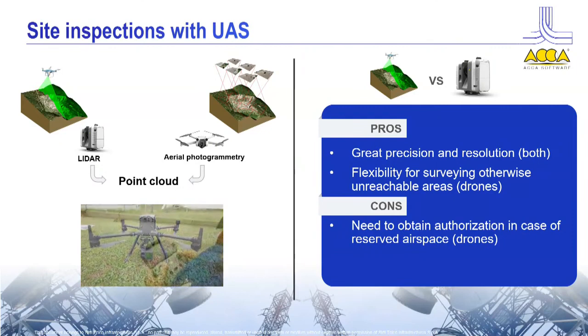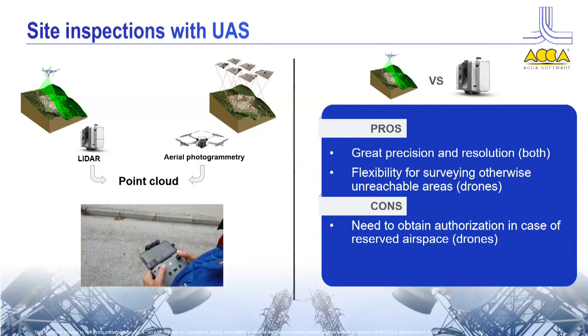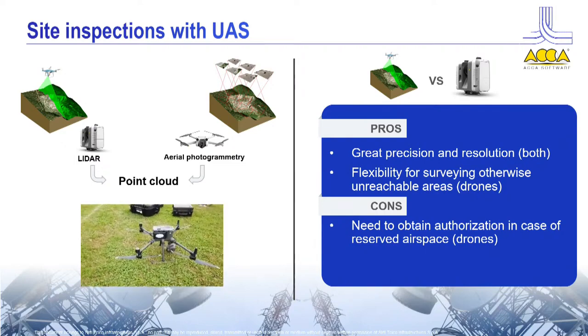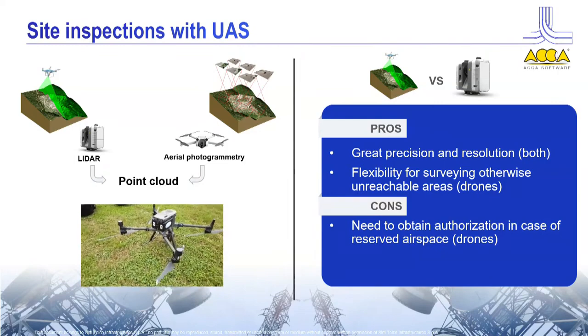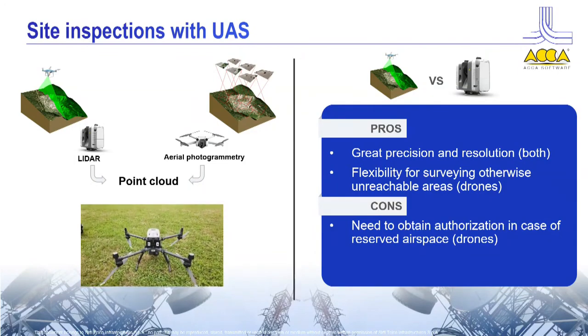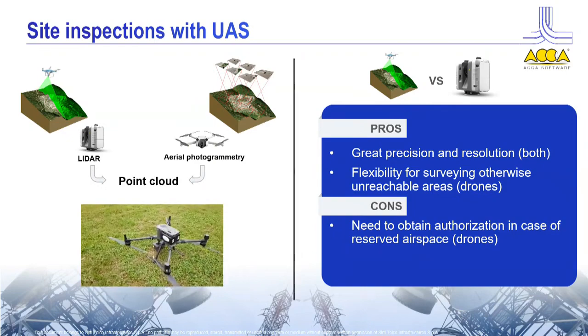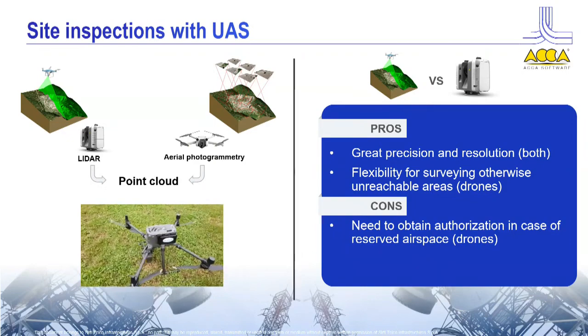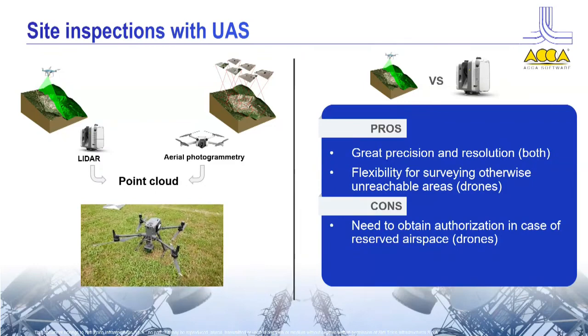To achieve the highest level of resolution and precision, the LiDAR technology was the clear choice for surveying the towers. Furthermore, the use of drones enables a comprehensive survey of areas that are otherwise inaccessible.